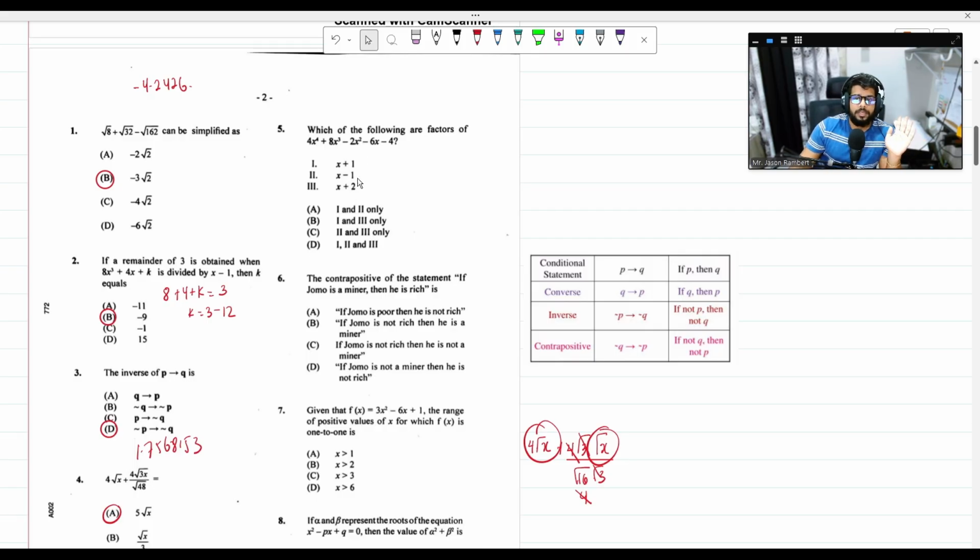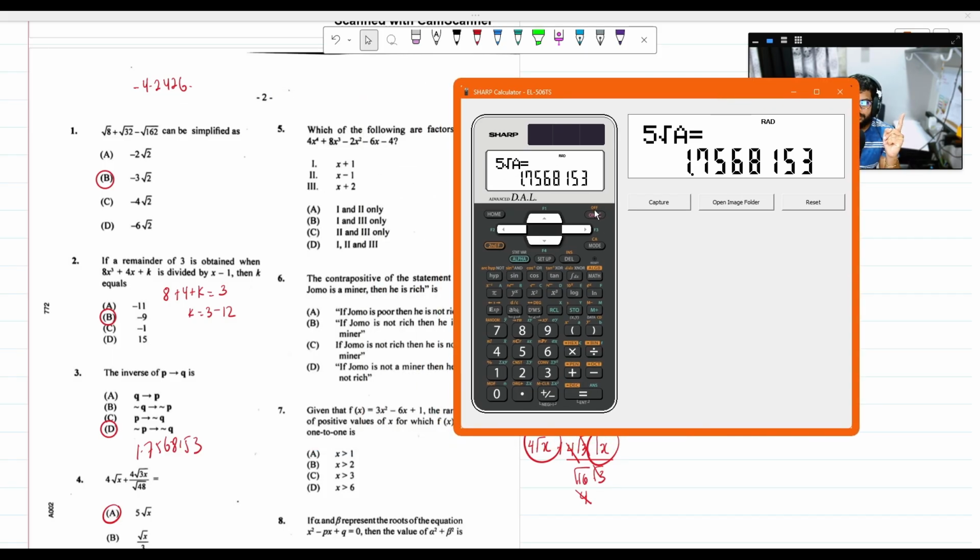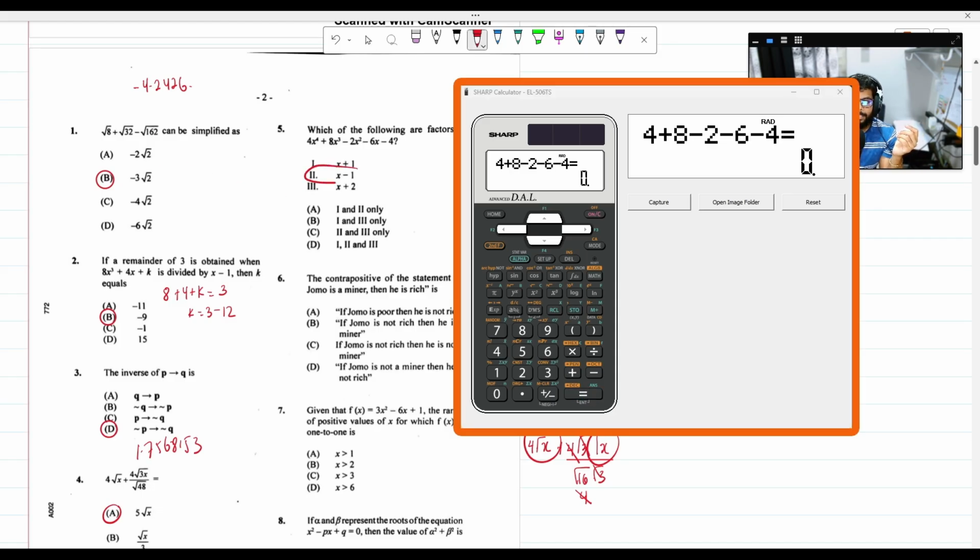So I'm just going to plug in x is equal to 1, which will tell me if 2 is a factor or not. So f of 1, I don't have to plug in anything, it will just be 4 plus 8, take away 2, take away 6, take away 4, is equal to 0. So 2 is indeed a factor.